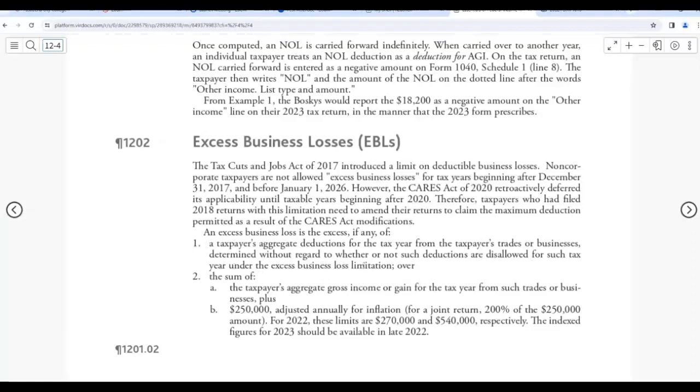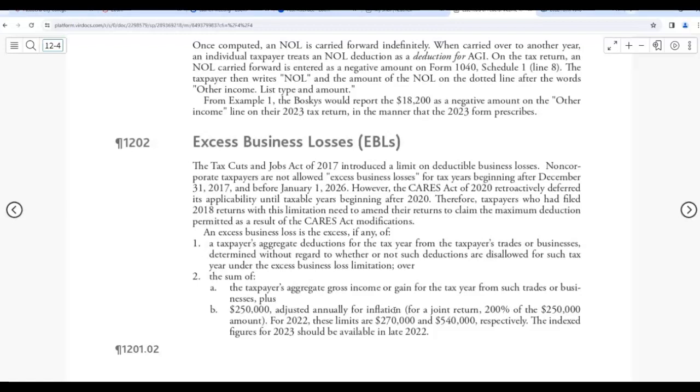Under the excess business loss limitation, over the sum of either A or B, the taxpayer's aggregate gross income or gain for the tax years from such a trade or business, or that limitation. So that's $250,000 adjusted annually for inflation. So anything above that is excess business loss and is not permitted.